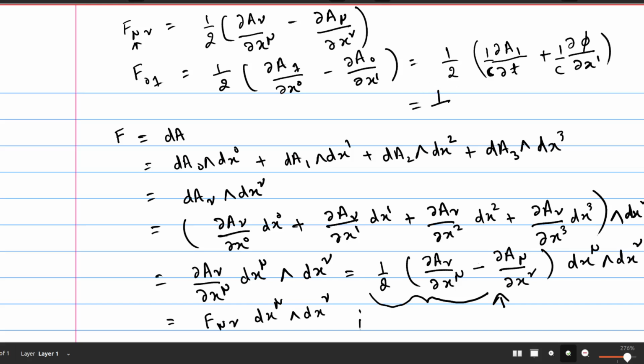So this is equal to 1/2 times 1 by c times del phi by del x1 plus del A1 by del t, and this expression is nothing but the negative of the x component of the electric field, divided by c. So F01 is minus E1 by c.